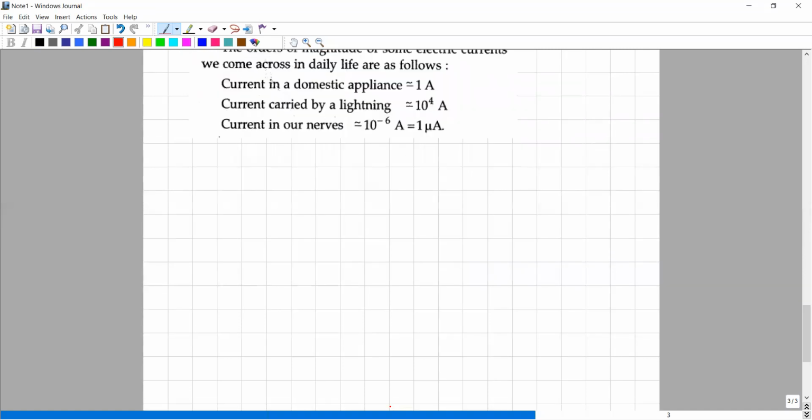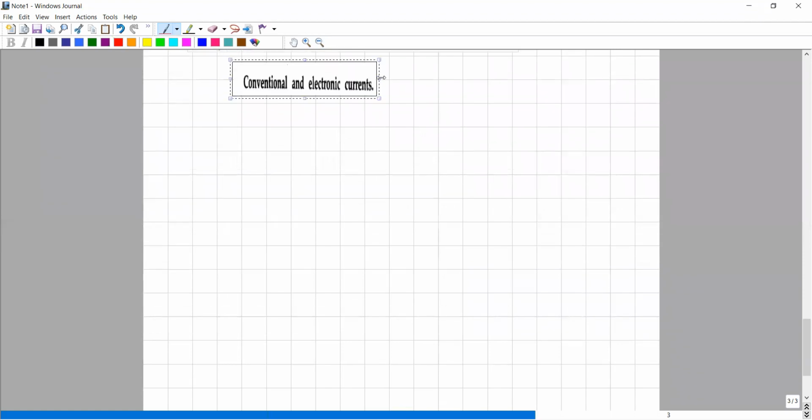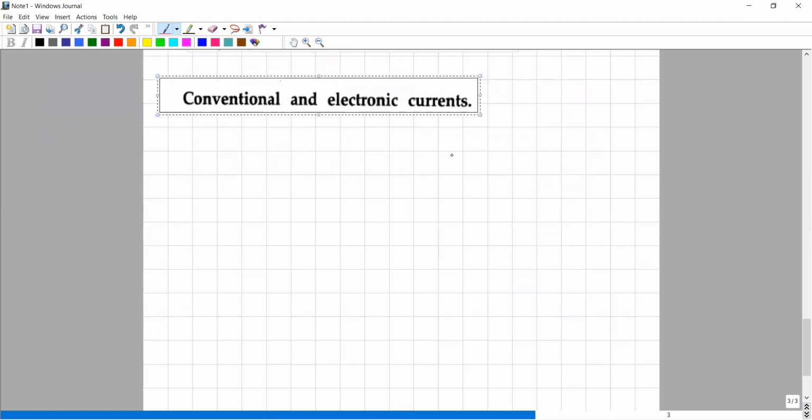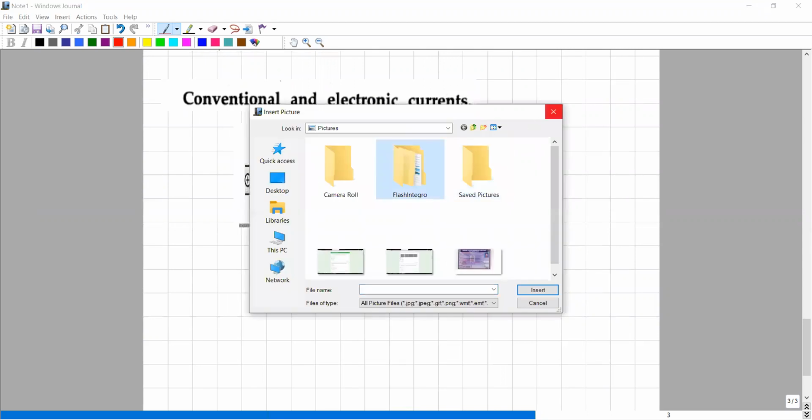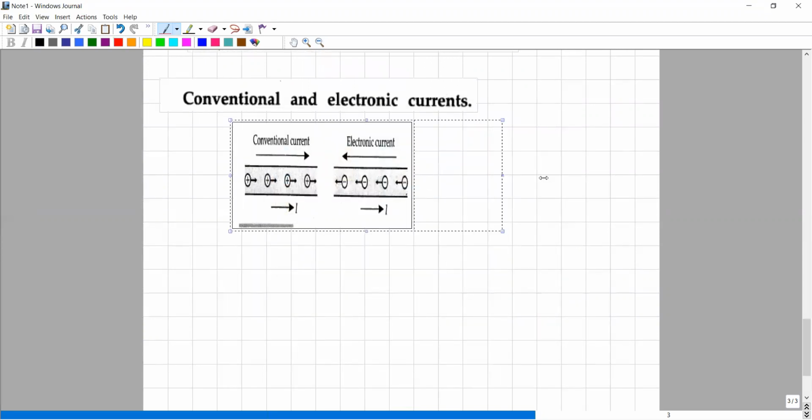Then we come to conventional current and electronic current. This is not a very important topic. It is very simple: the direction of the current is taken as opposite to the direction of flow of electrons.